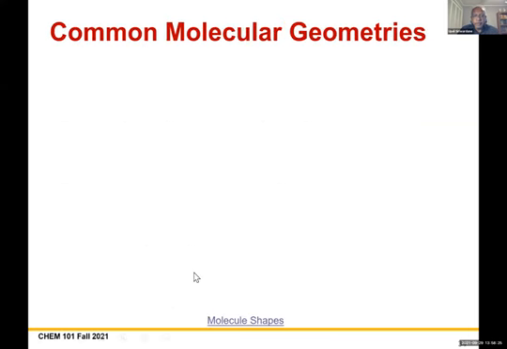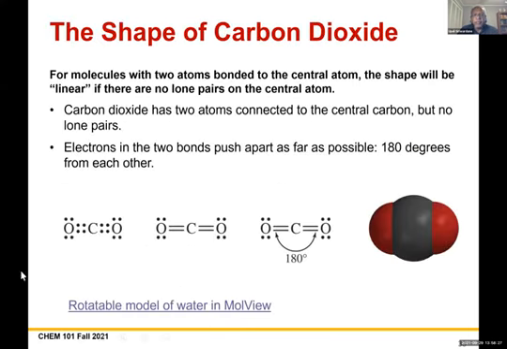This is the Lewis structure of carbon dioxide. If you look here, this double bond on the carbon behaves just like a single bond in the methane molecule. There are two bonding electron pairs and no non-bonding electron pairs around the carbon. Therefore, repulsion is between two bonds, and it creates a linear structure.